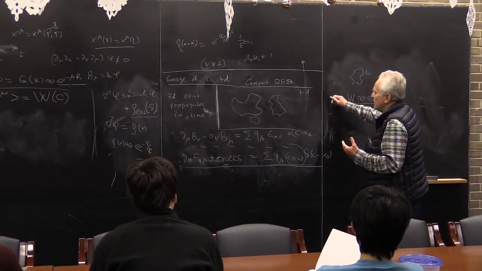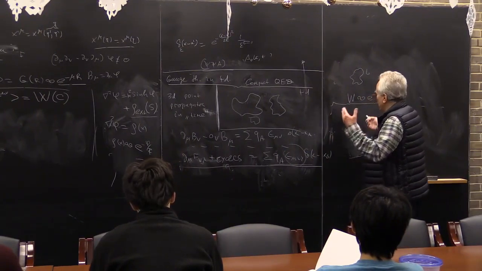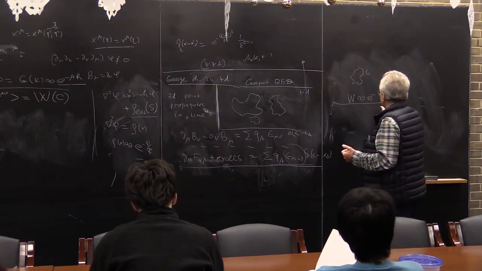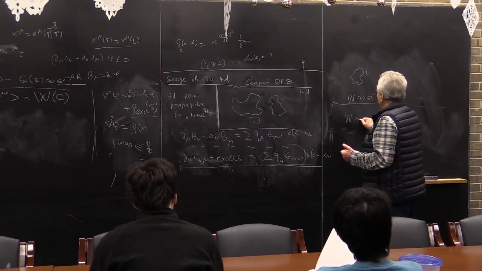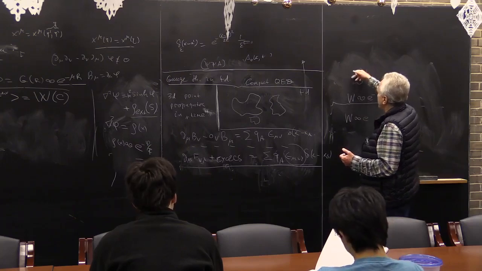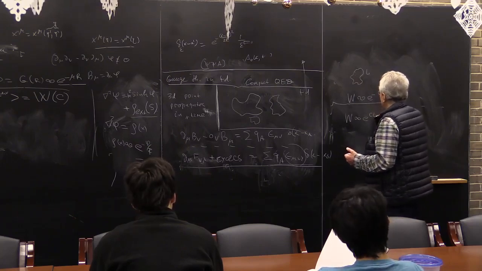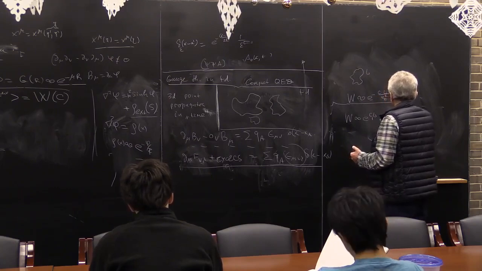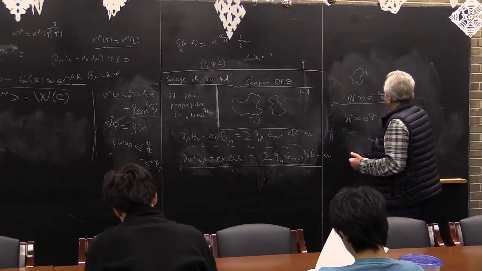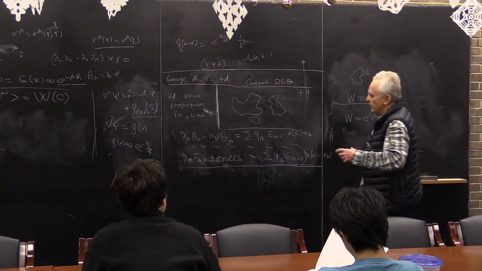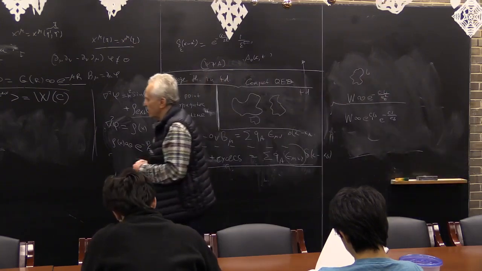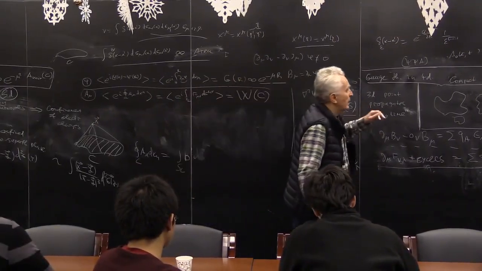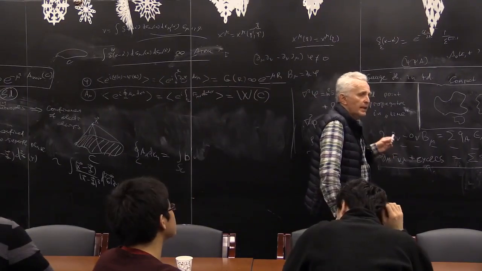This logic is used all over the place. The contribution will be, actually, there are exponentially many contours of a given length, and you expect from this crude argument some critical point, and you can prove that it is indeed there.